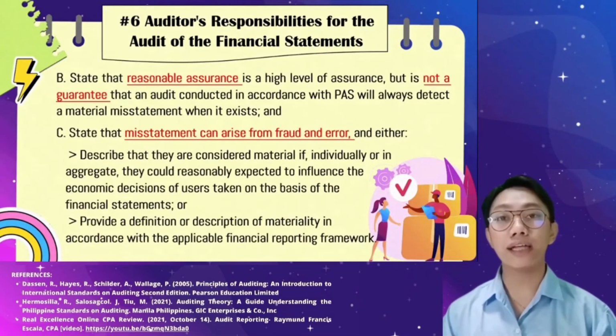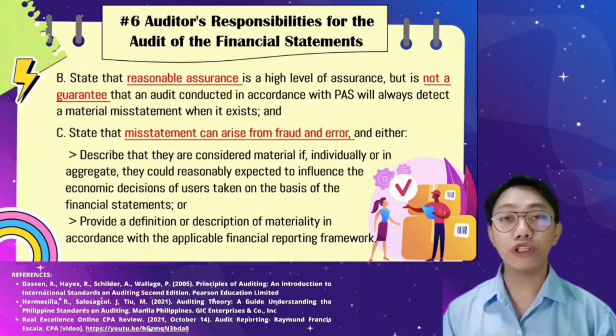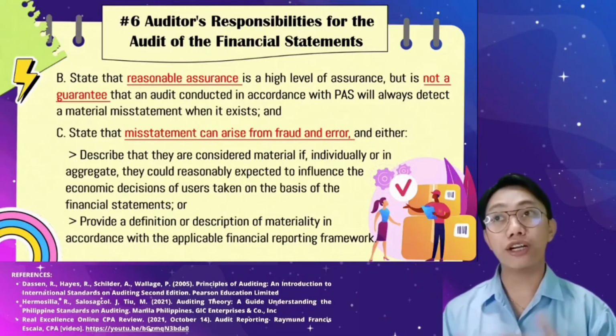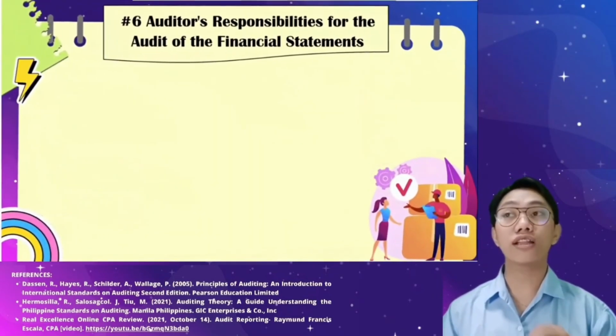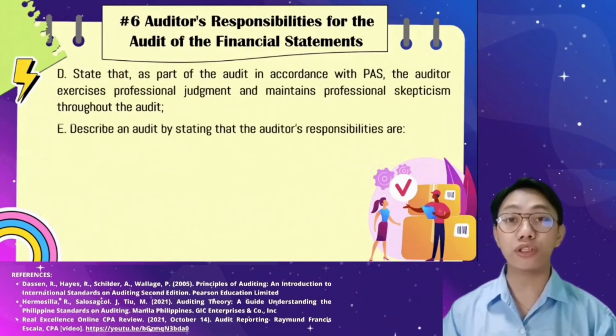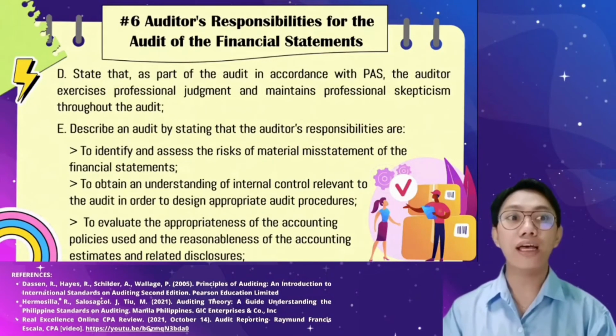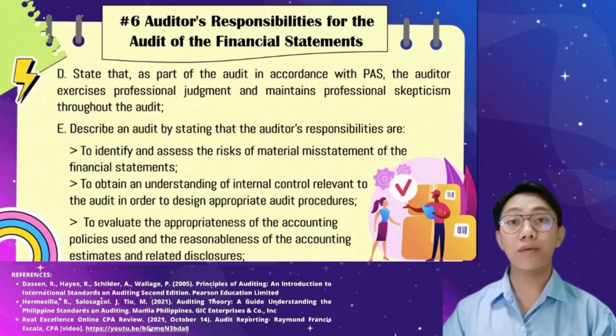And dapat i-state niya na yung opinion niya is just a reasonable assurance. It is not an absolute guarantee or a 100% na sigurado talaga. Kasi, syempre, meron tayong tinatawag na inherent limitations.